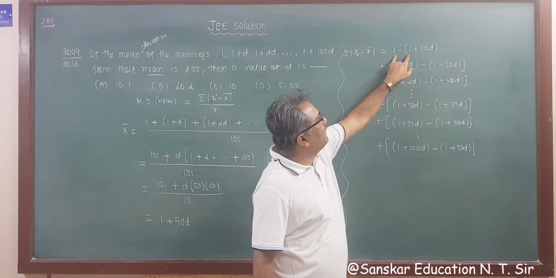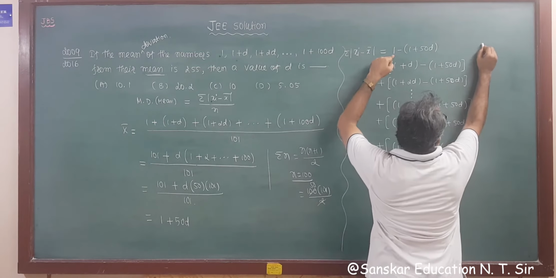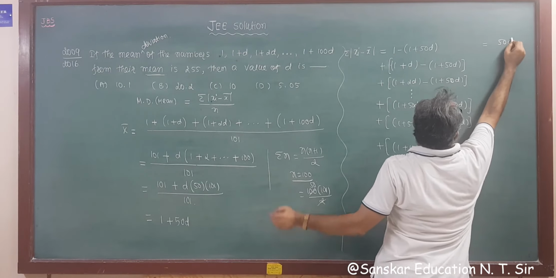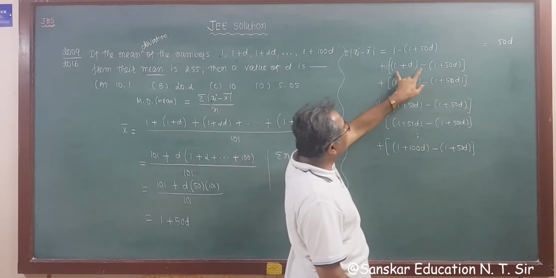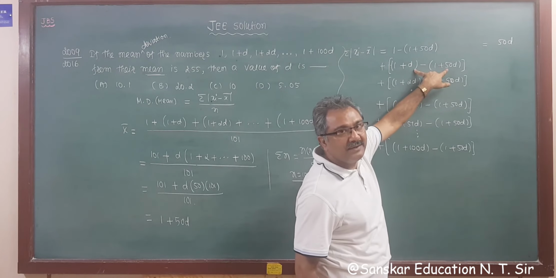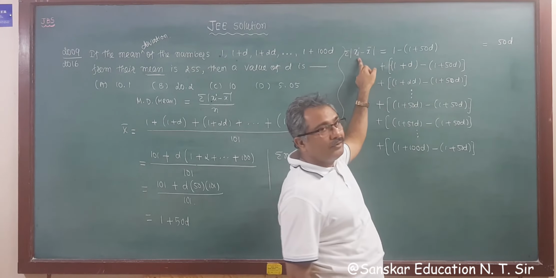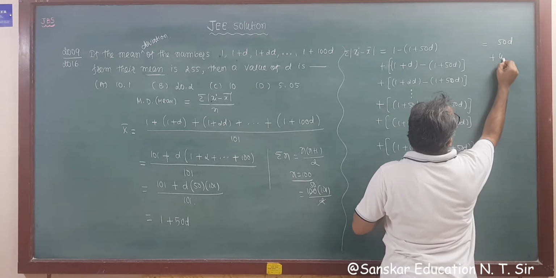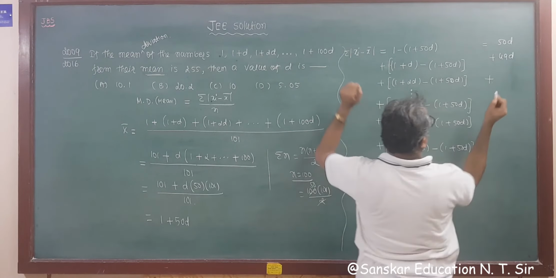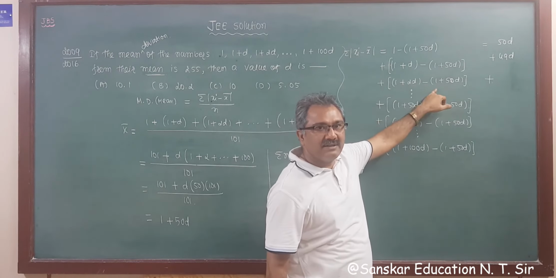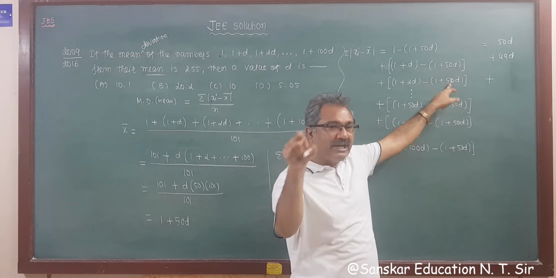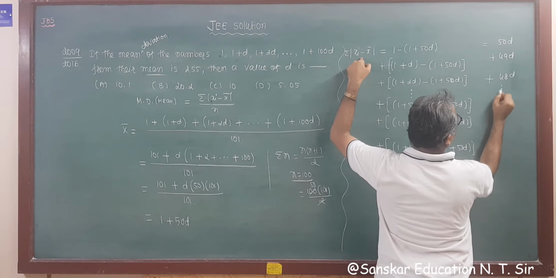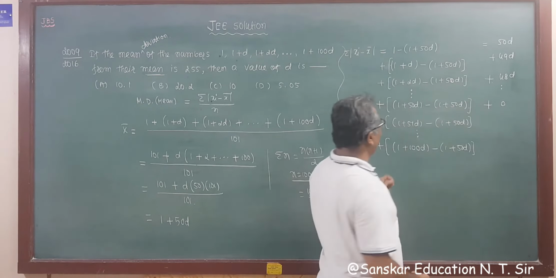Now this one will be cut. I am writing the whole simplification here. The answer is 50d, then this one cancels, so d minus 50 gives 49, but we have a modulus, so we take the positive value, plus 49d. Then 2 minus 50 gives 48, again with modulus, so 48d. Continuing this way, here we get 0, here we get 0.